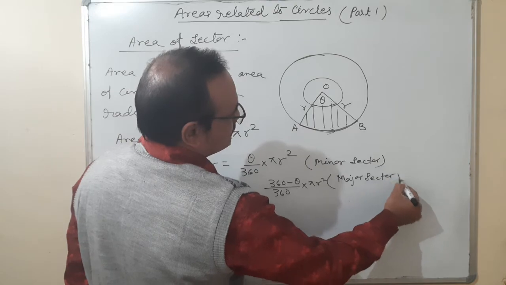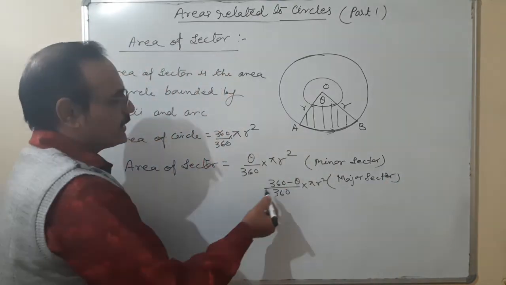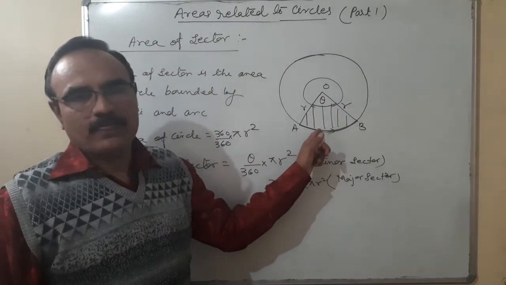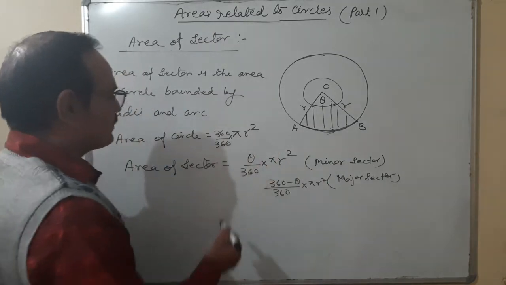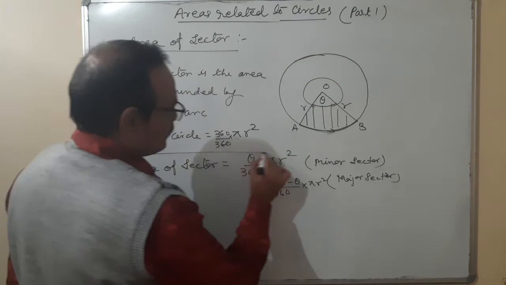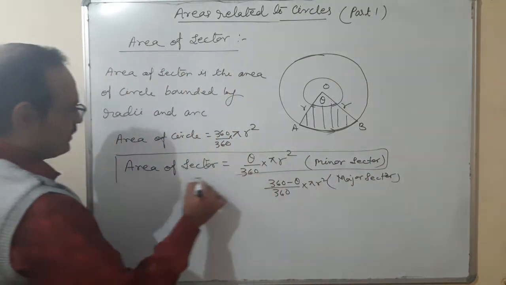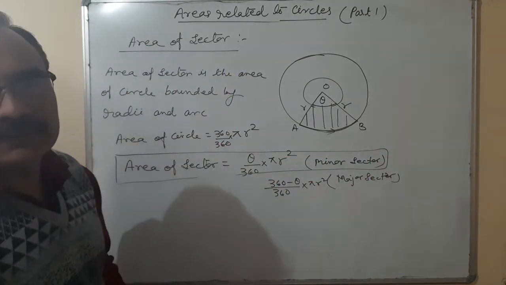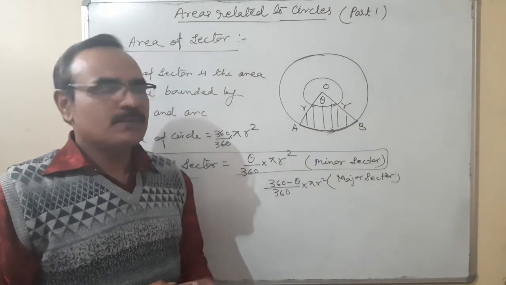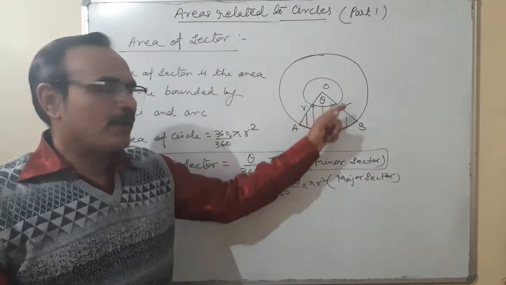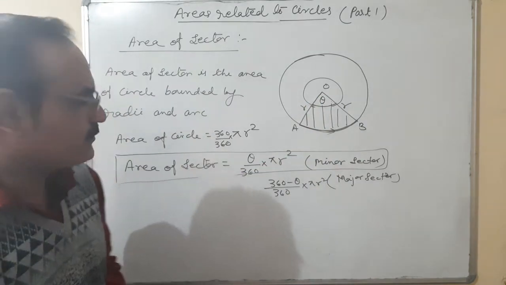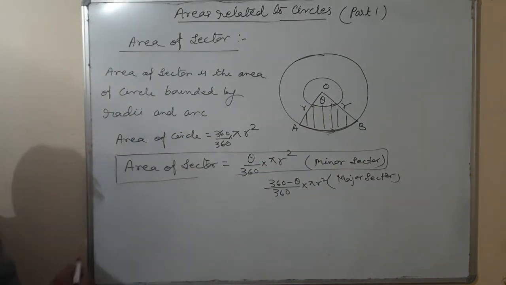Everything depends on this arc AB. You will remember this: theta upon 360 pi r square is the area of a sector. To find the area of sector, whatever angle is given, we use this angle upon 360 pi r square. Second one is area of segment.